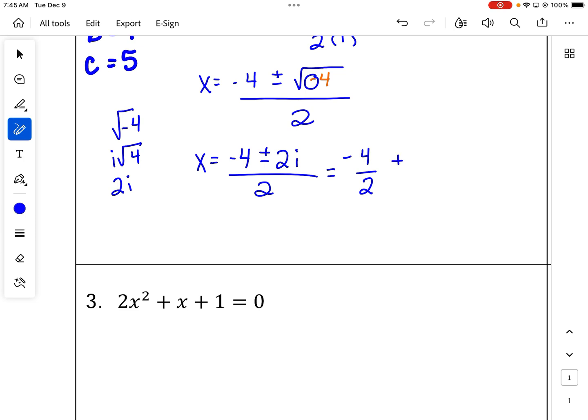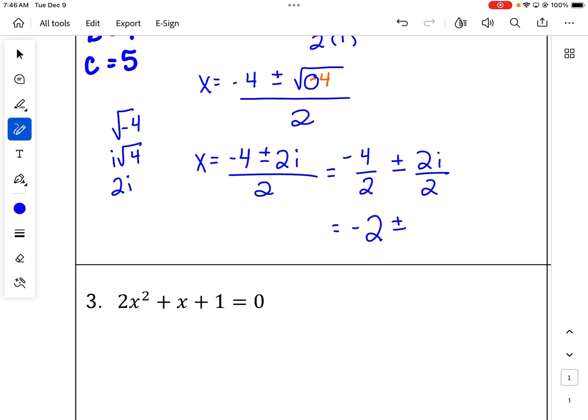I'm going to rewrite them with 2 as a denominator as 2 separate fractions. Just so you see, it's negative 4 divided by 2, which is negative 2. I said negative 4, but I wrote negative 2. And then plus or minus 2i divided by 2.